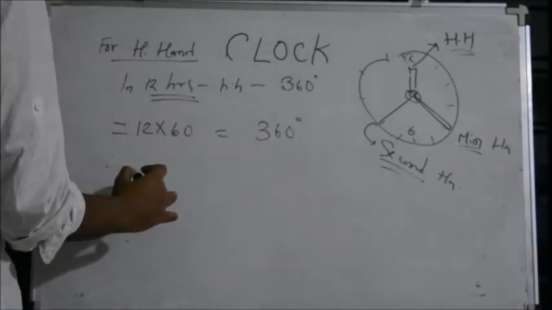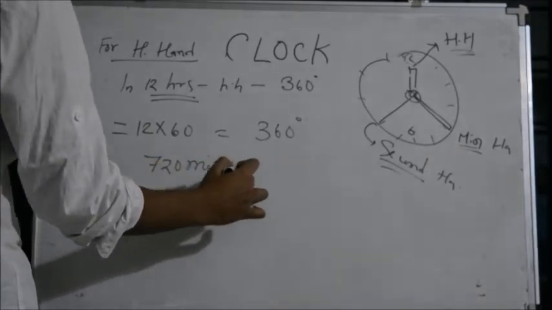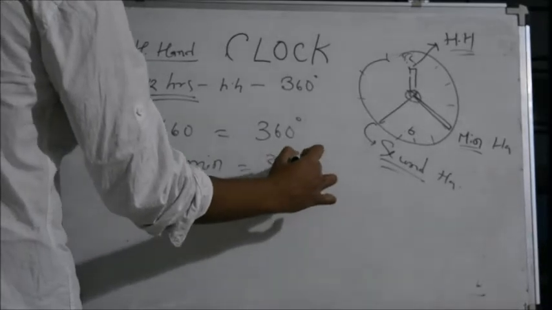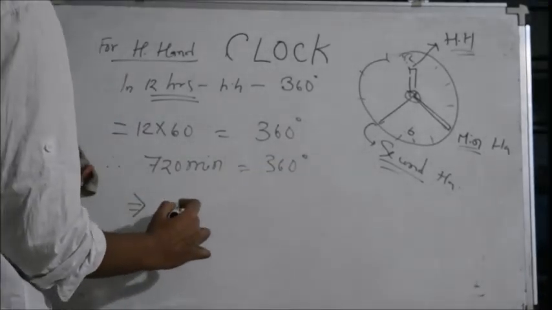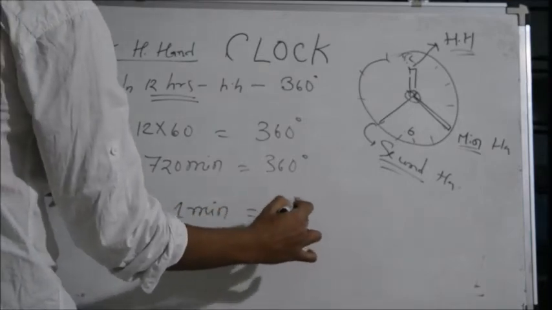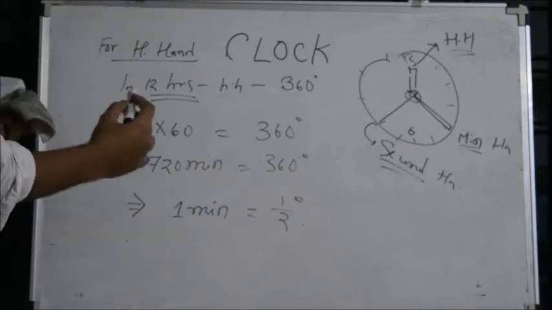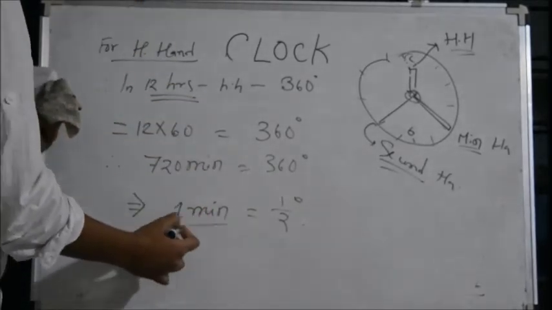Therefore, 720 minutes is equal to 360 degrees, which implies in 1 minute, half degree. Therefore, the hour hand will move half degree in every 1 minute.